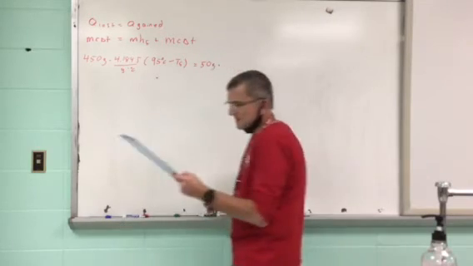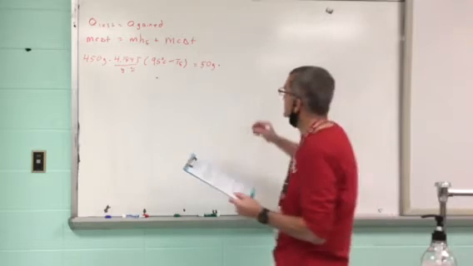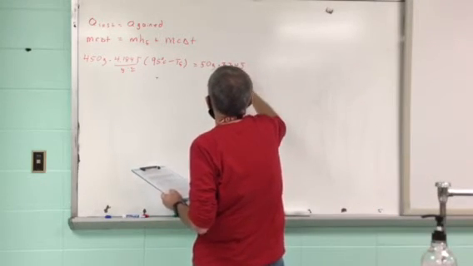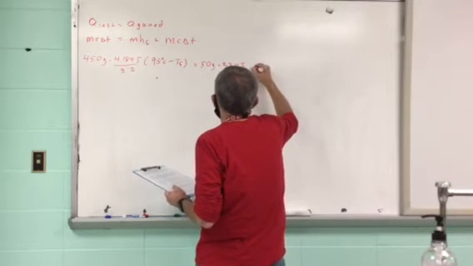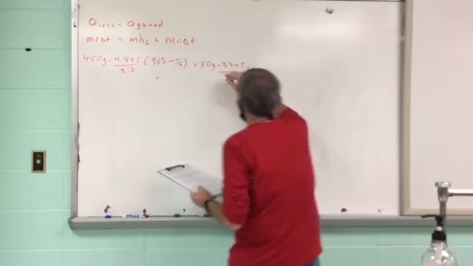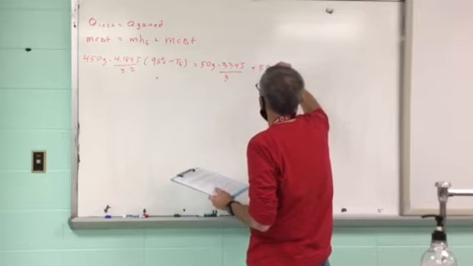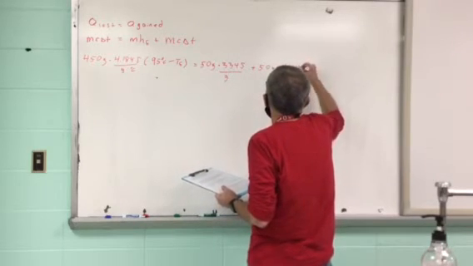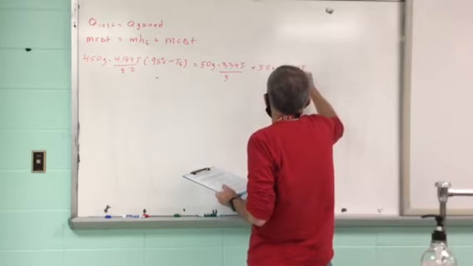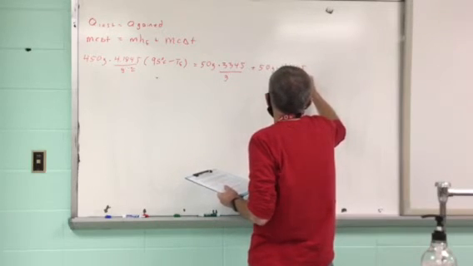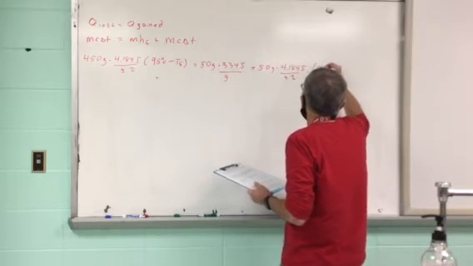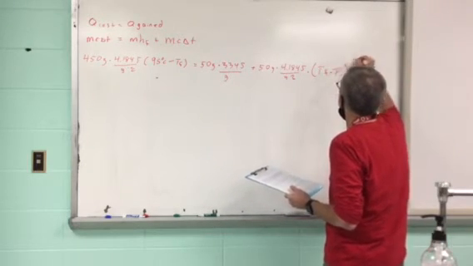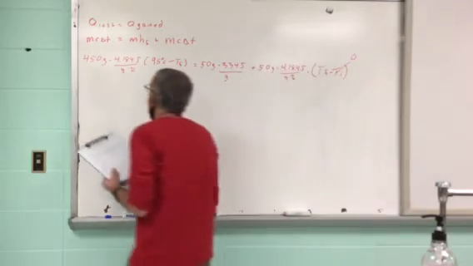And this is a number I haven't given to you before, but it's on the worksheet. 334 joules per gram plus MC delta T. So the ice water now has to warm up, so 50 grams times 4.184 joules per gram degrees Celsius times TF minus TI. TI is 0, so that factors out.